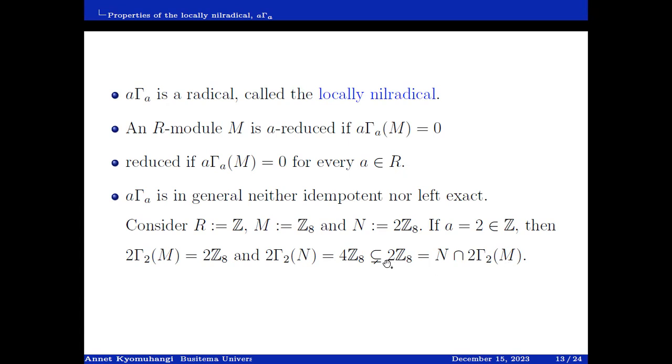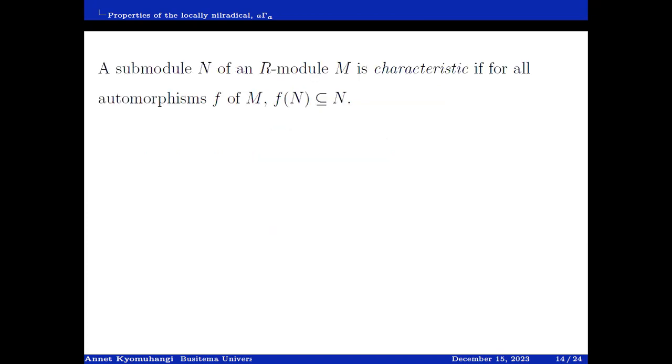And yet we should have found, because we are applying the functor A gamma A on 2N, that it is equal to N intersection 2 gamma 2M. But because we find that it is actually contained in 2Z8, we conclude that this functor is not left exact. However, when you consider the subcategory of reduced modules, then we find that this functor is left exact.